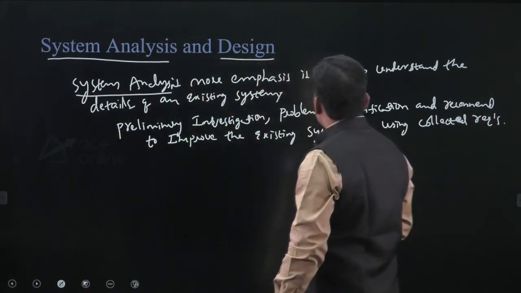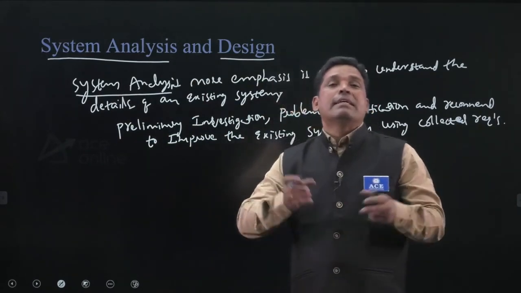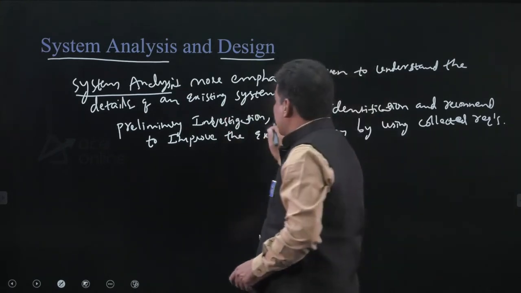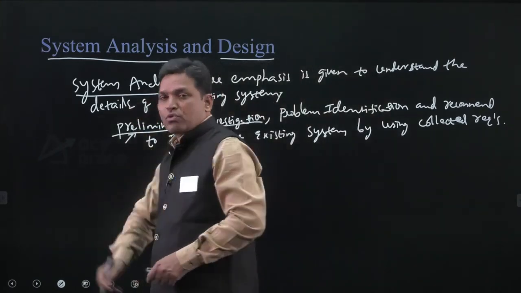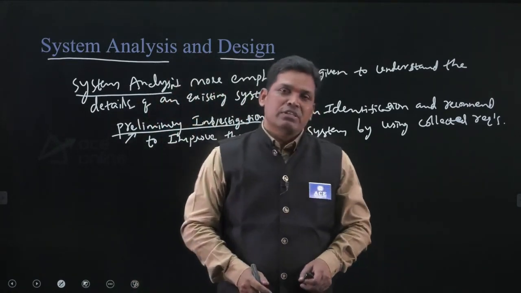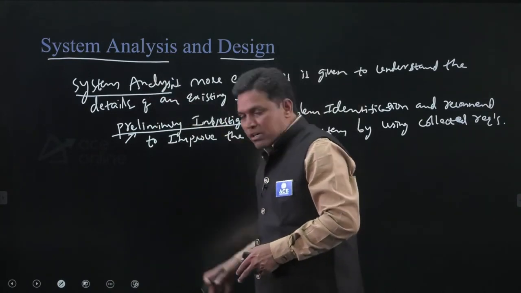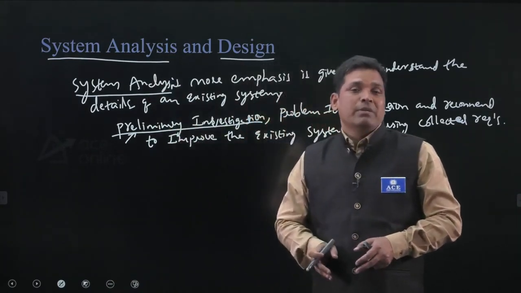In this system analysis process, more emphasis is given to understanding the details of an existing system, and the preliminary investigation will take place. What is the importance of preliminary investigation? In preliminary investigation, the feasibility study process takes place.